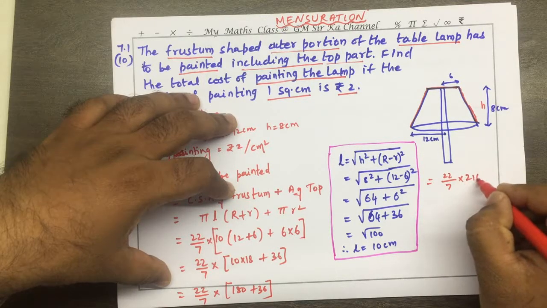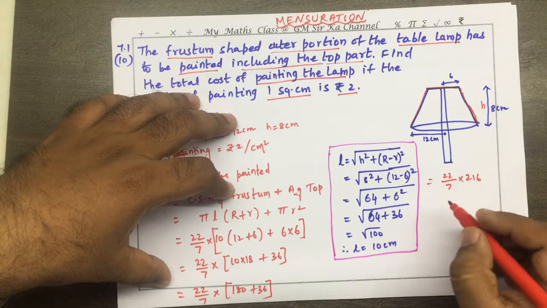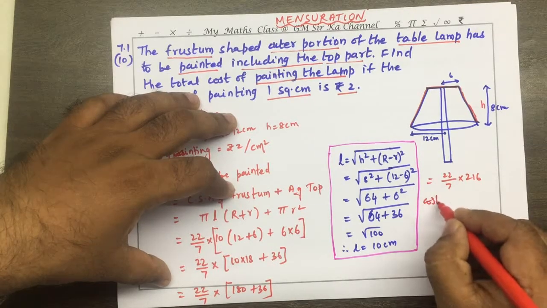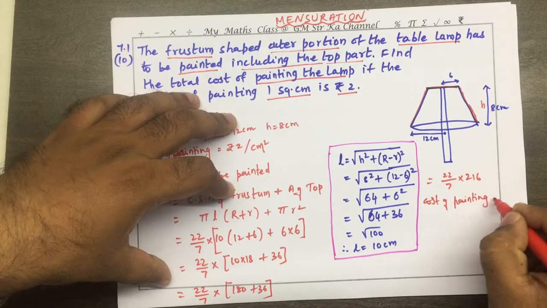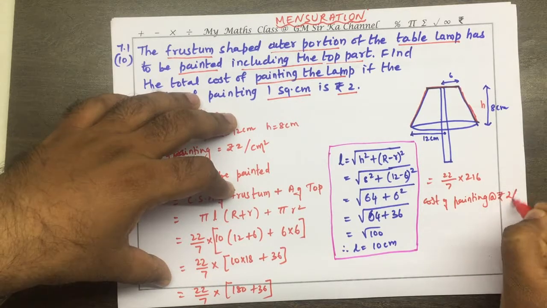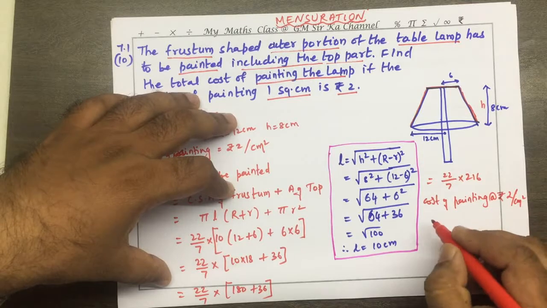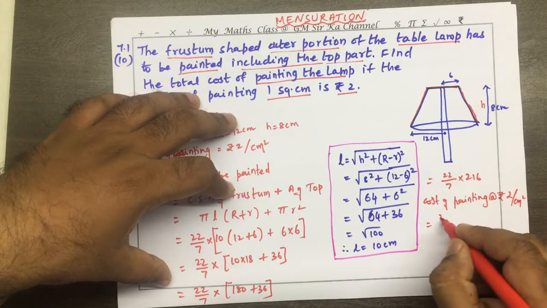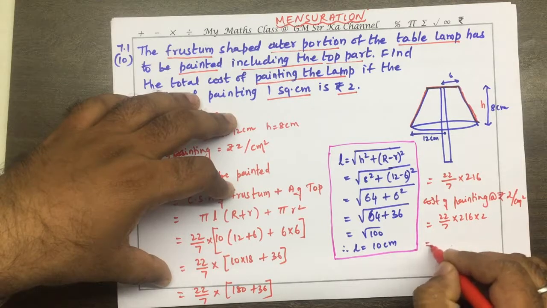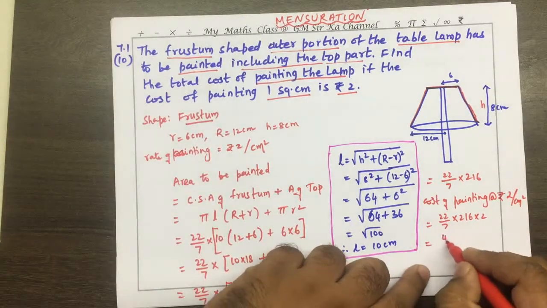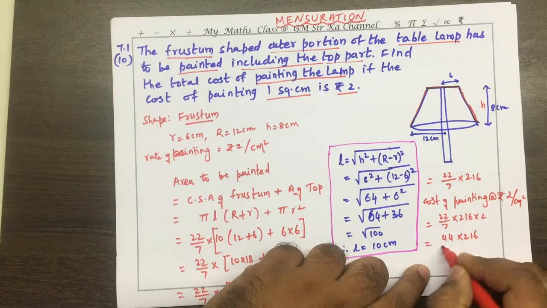Next, the cost of painting at the rate of rupees 2 per centimeter square is equal to 22 by 7 into 216 into 2. So it is 44 into 216 by 7.